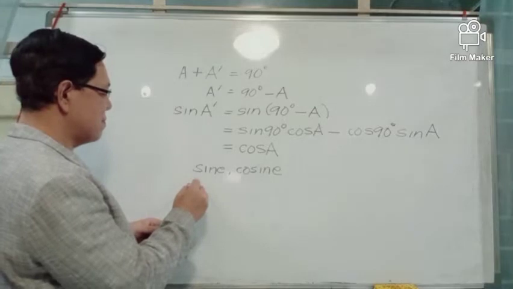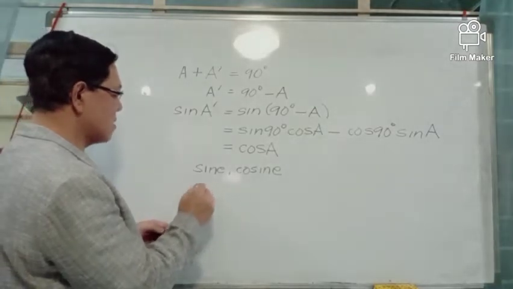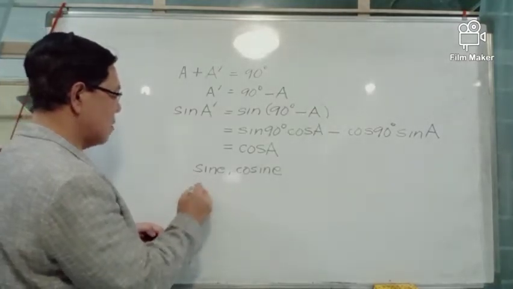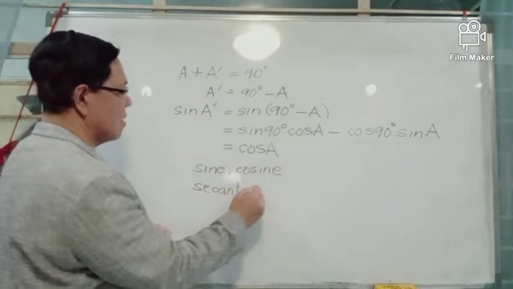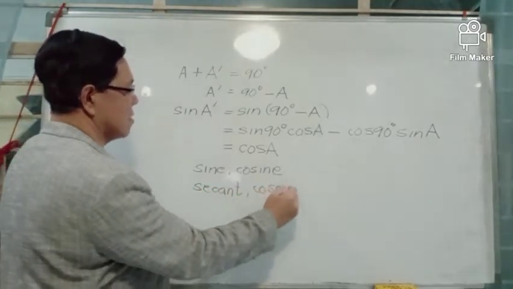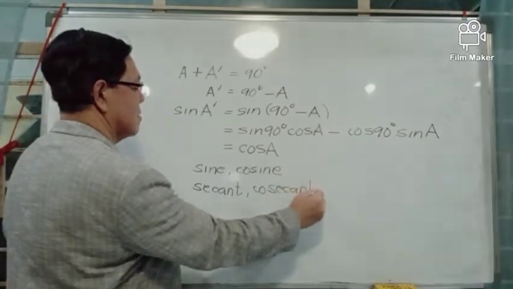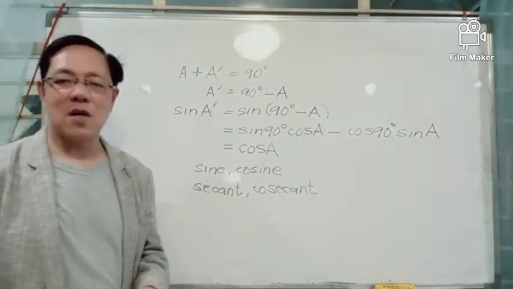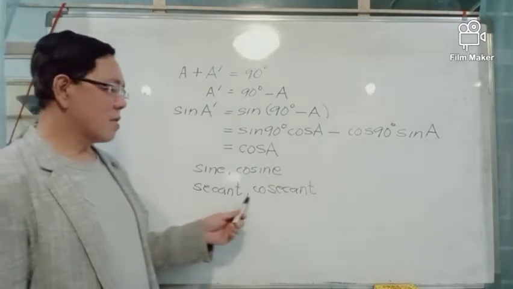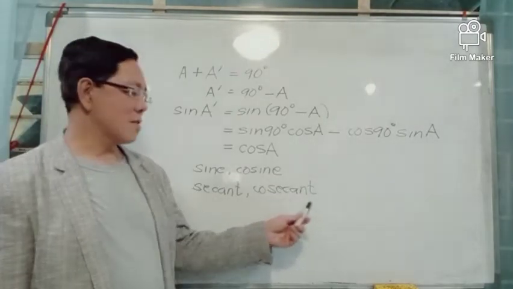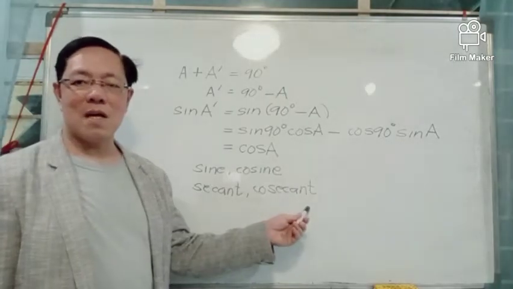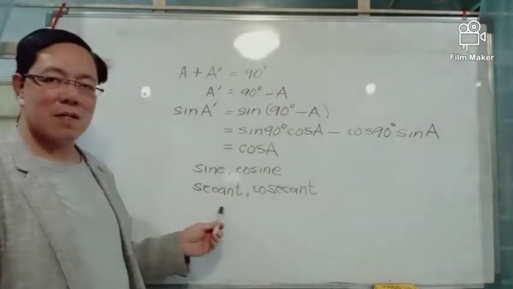And secant and cosecant are cofunctions. Secant is the cofunction of cosecant, and cosecant is the cofunction of secant.